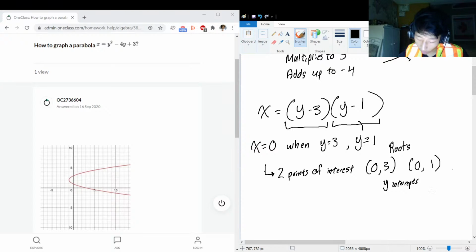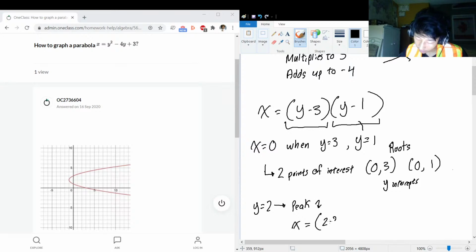So when y is equal to 2, because halfway between 3 and 1, it's got to be the number 2. y equals 2, that's going to be the peak value. So let's see what x is when y is equal to 2.